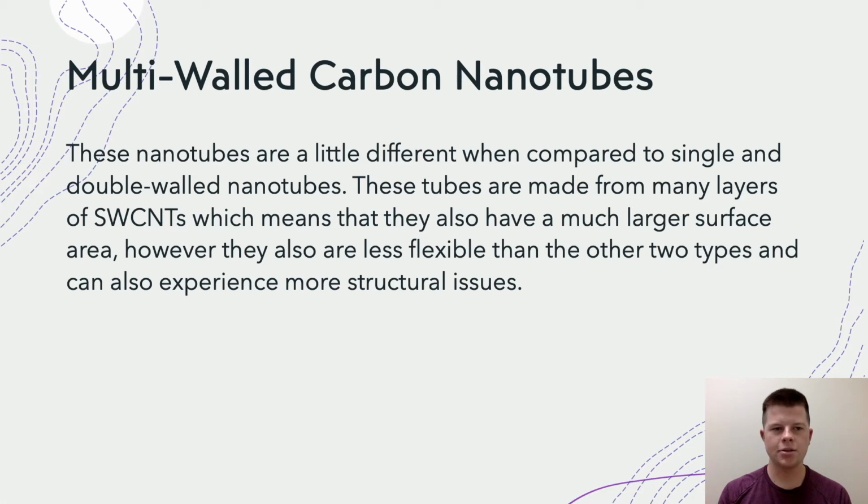Well, that's essentially what a multi-walled carbon nanotube is like. They do have a larger surface area, however, they are less flexible and they can also experience some structural issues just basically because of the amount of layers that they have. So yet again, they do have some good qualities, but with that also comes some issues.